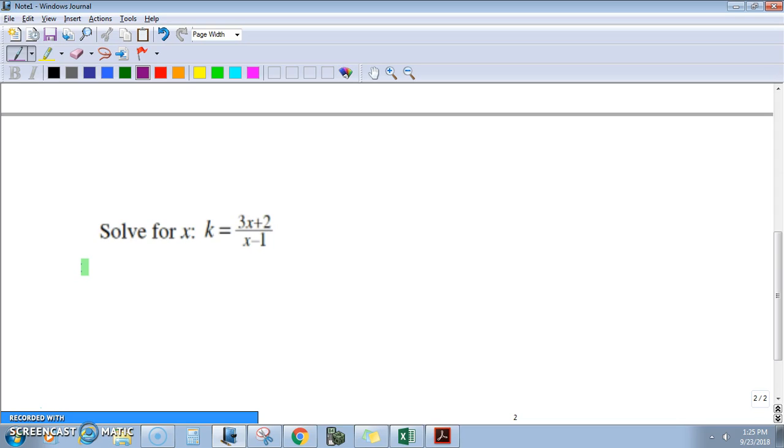All right, you guys, question number 70, or chapter 1, number 70, is asking us to solve for x, and this is getting us ready for those inverse functions that we were talking about. So what I see is, if one side is rational or if one side is a fraction, then I'm going to make this k into a fraction also. And that way, I'm going to use the shortcut here, cross multiply.